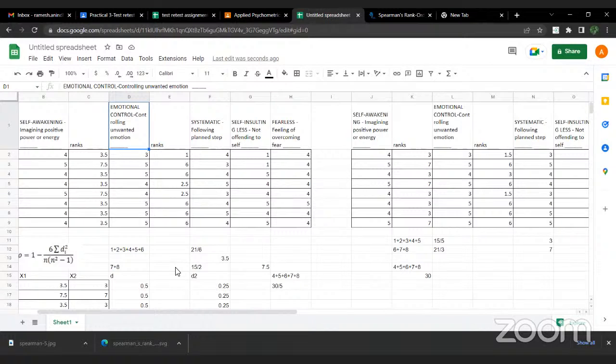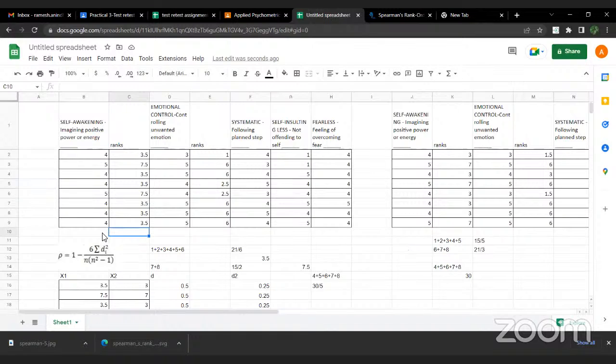So we will do this correlation for each construct separately. And overall, how do we check the reliability for the scale? That depends on the scale. For this particular scale, we do not have a total score. We do not have a global score. So therefore, we need to go by dimension to dimension.